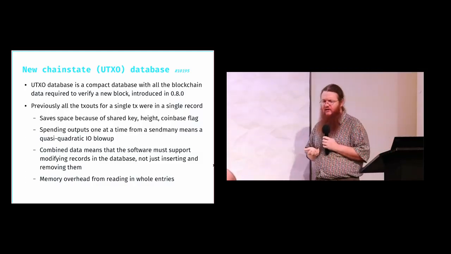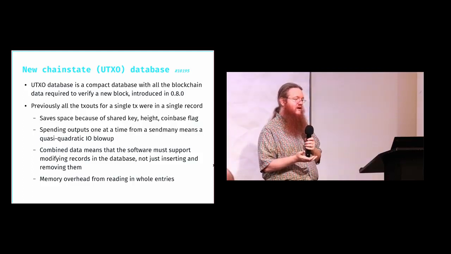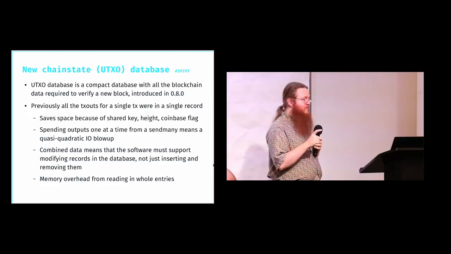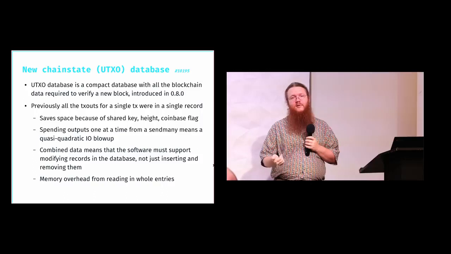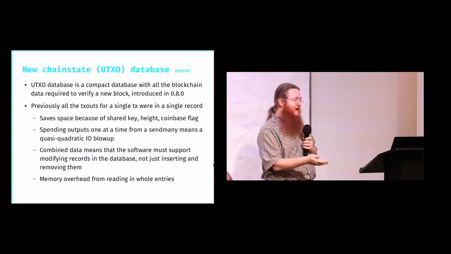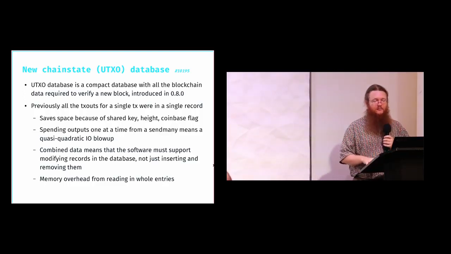It also made the software a lot more complicated, because a pure UTXO database would only have to create outputs and delete them when they're spent. But this merging form that we've had in the past required that there be support for modifications, so that you'd be able to read a transaction, spend some of the outputs, and save the rest back. And this whole process also resulted in considerable memory overhead.